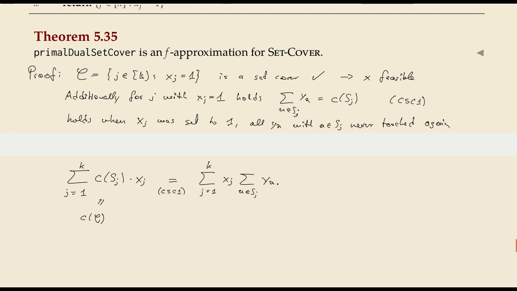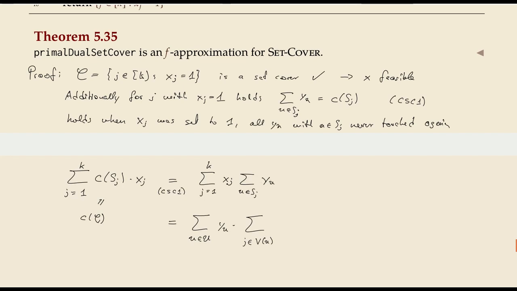Now these are finite sums, we can move this in and exchange summation. So we first sum over all elements in the universe, and then yu, and how often does this occur? Well, now we sum over all j in V of u, namely all the sets where the u occurred. So how often do we have a certain yu?